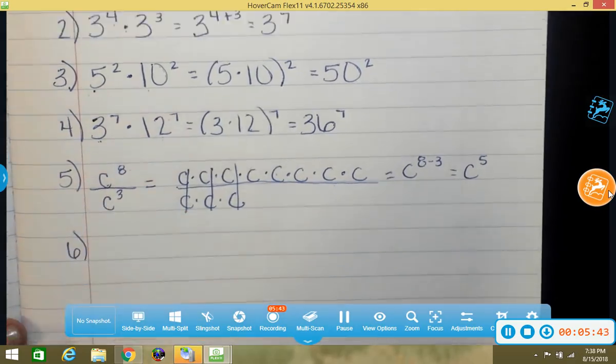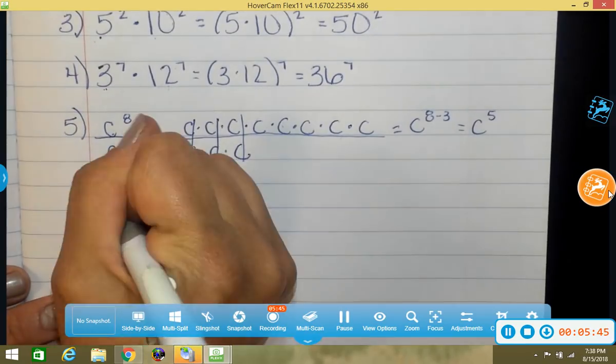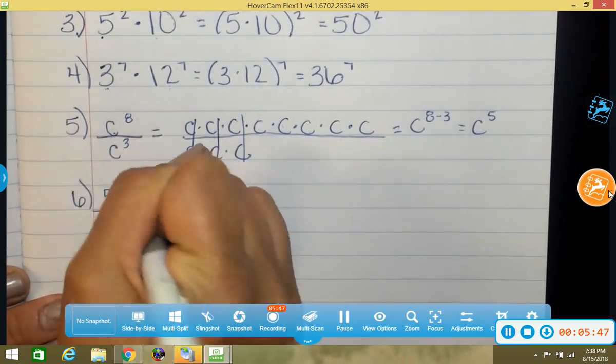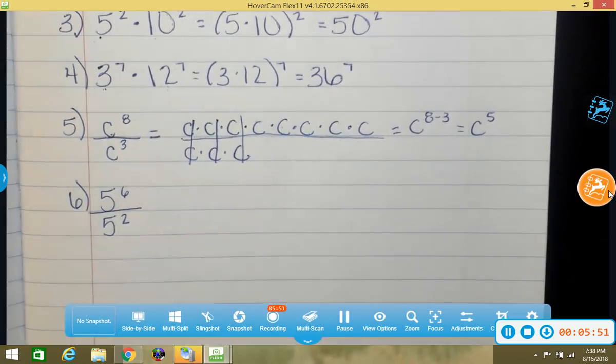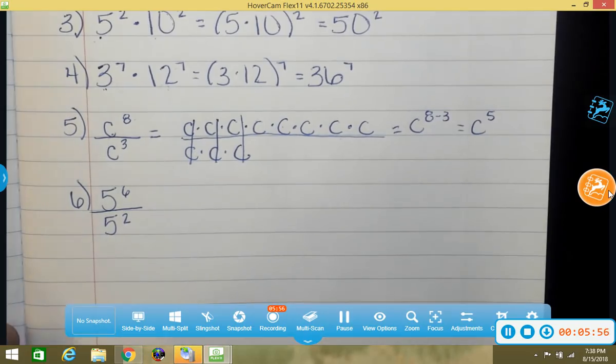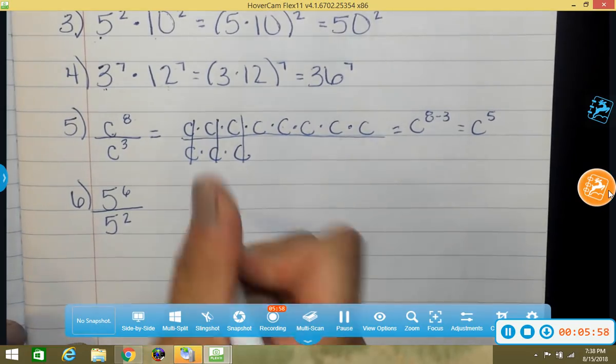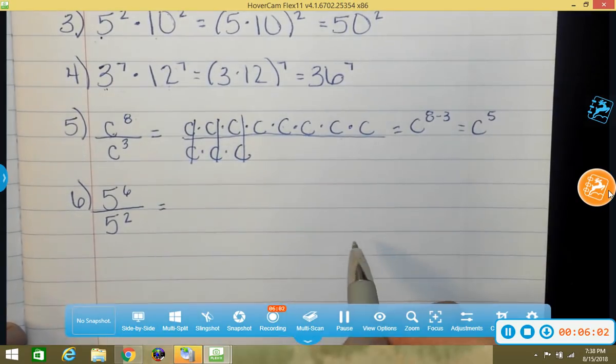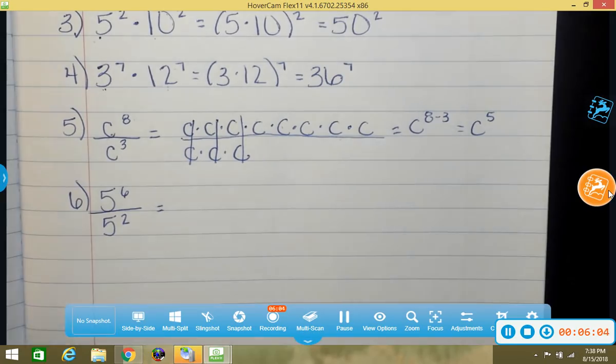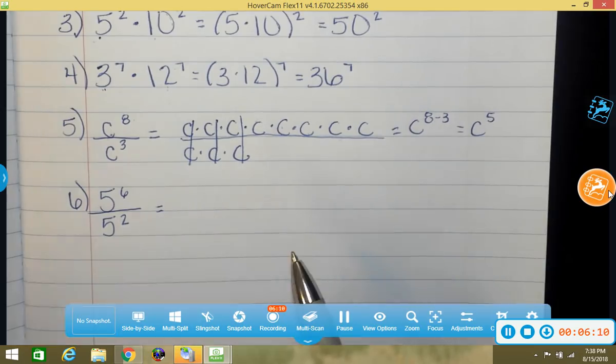Okay, here's one I want you to try. 5 to the 6th divided by 5 squared. Go ahead and pause now and work on this problem. Okay, again, we're going to write this one out. I want you to know the shortcut and know the rule for it. Not every time will you need to write it out like this, but in our notes, we're going to write it out so we see why it works.